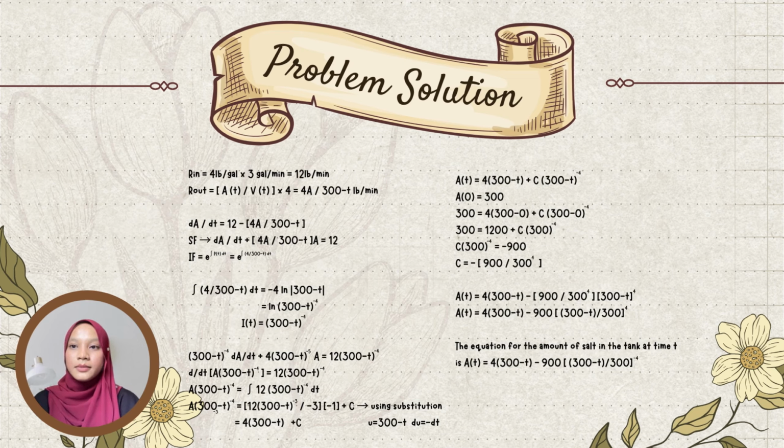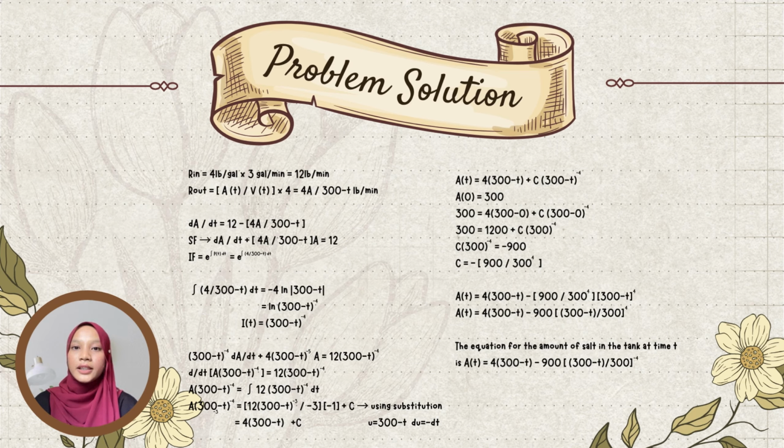The first step is we have to find the rate of salt coming in, R_in, using the formula concentration multiplied by rate. Based on the question, the brine solution comes in with a concentration of 4 pounds per gallon and the rate is 3 gallons per minute. So R_in is 4 times 3, which equals 12 pounds per minute.